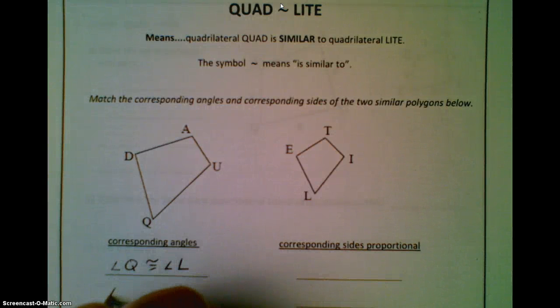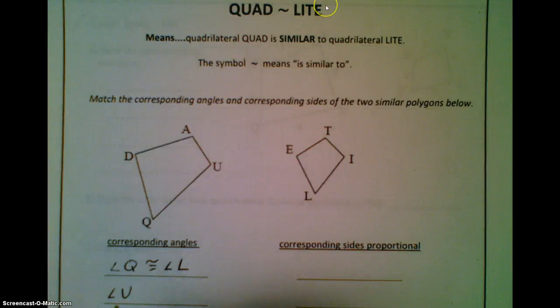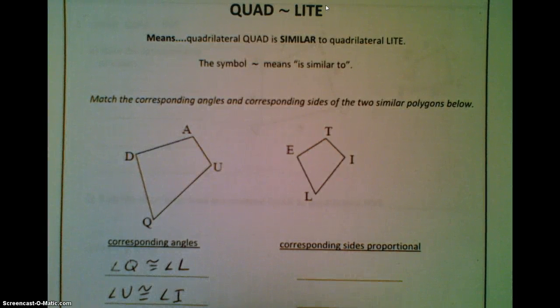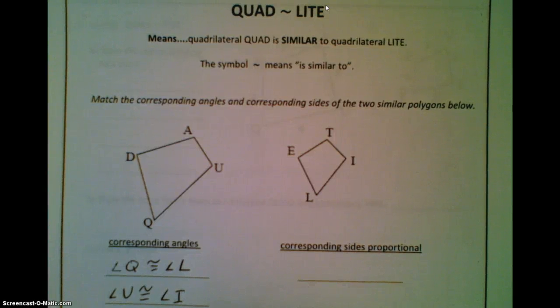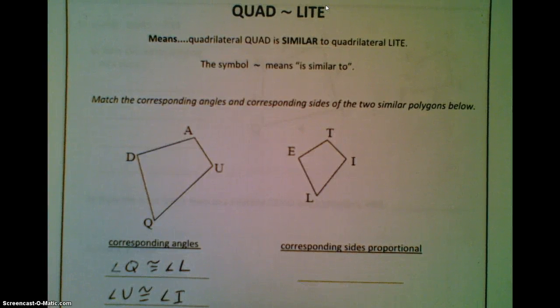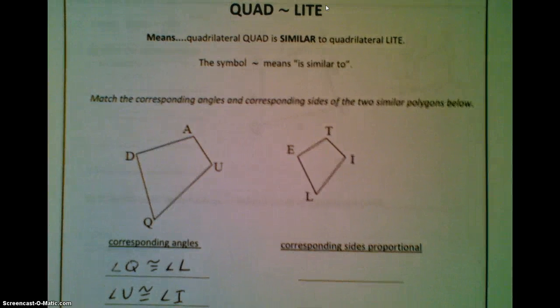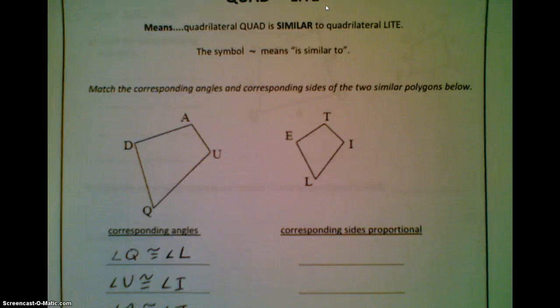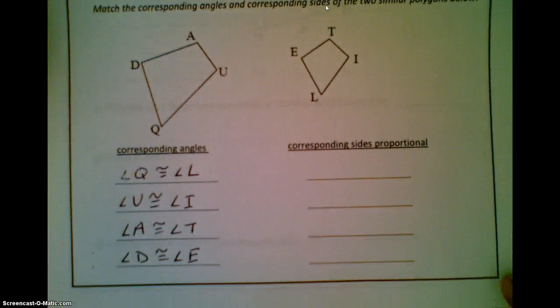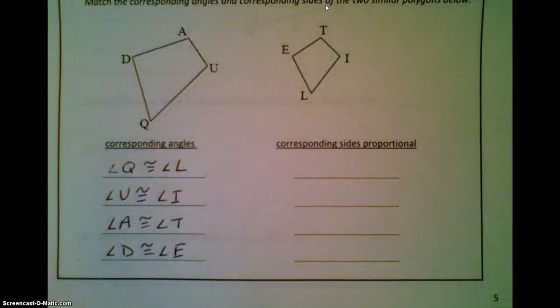And then we've got angle U is congruent to angle I, and then angle A is congruent to angle T, and angle D is congruent to angle E. So if you did pause the video, how'd you do?